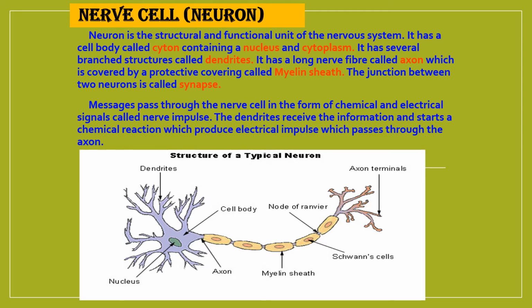The junction between two neurons is called a synapse. Messages pass through the nerve cell in the form of chemical and electrical signals called nerve impulse. The dendrites receive the information and start a chemical reaction which produces an electrical impulse which passes through the axon.